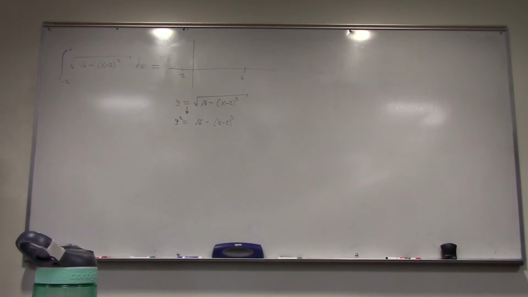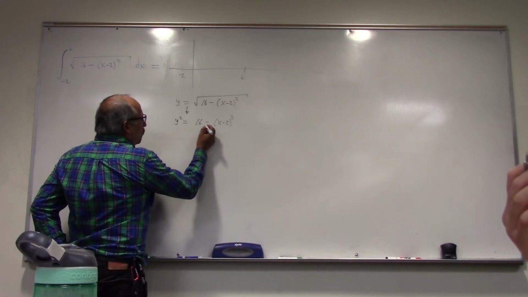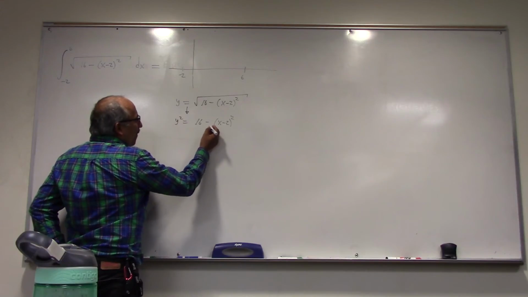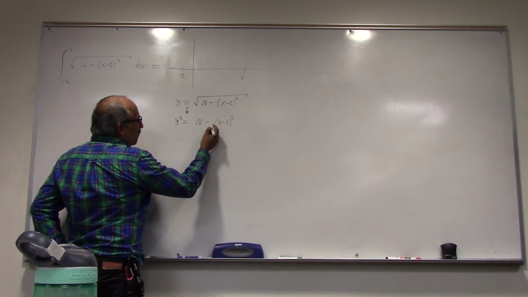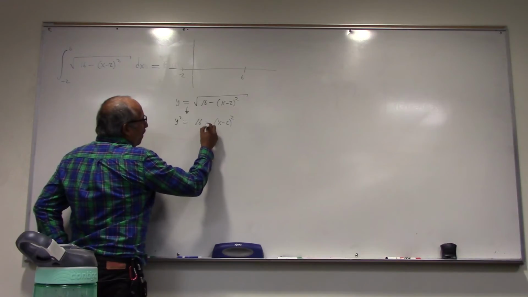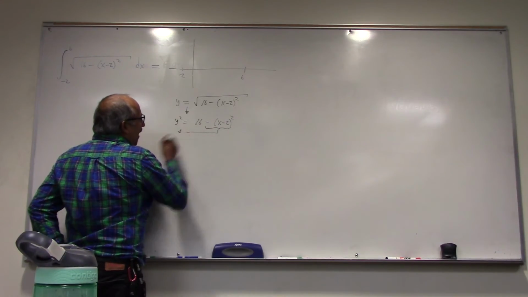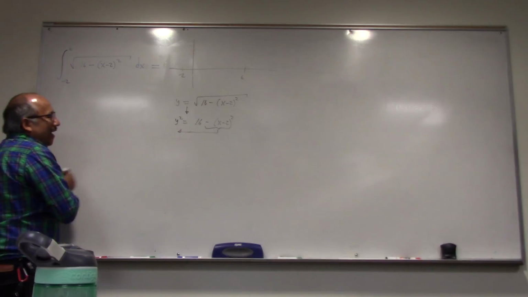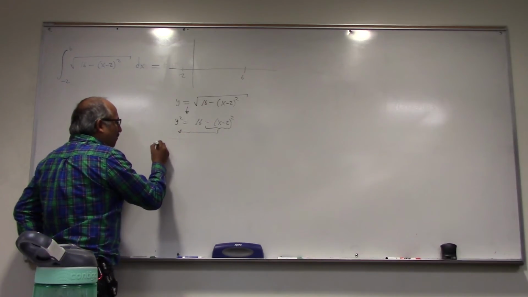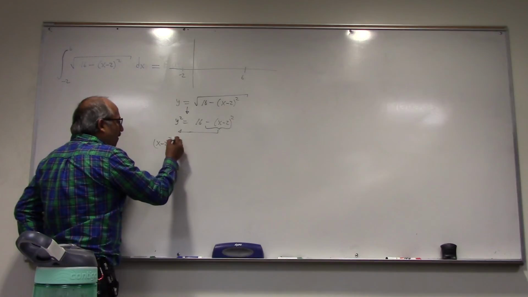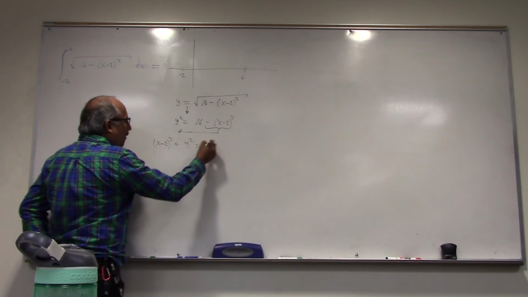What do you do to both sides right now? You move it to the other side by adding. So you have x minus 2 squared plus y squared equals 16.